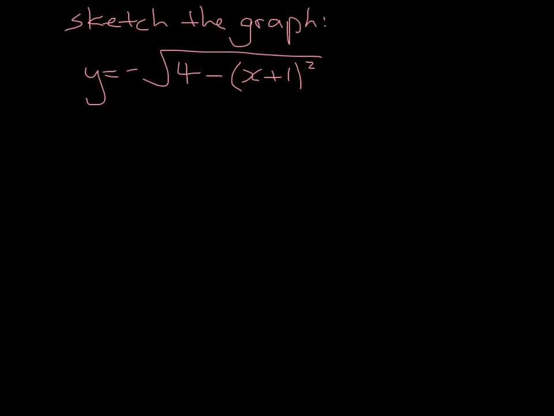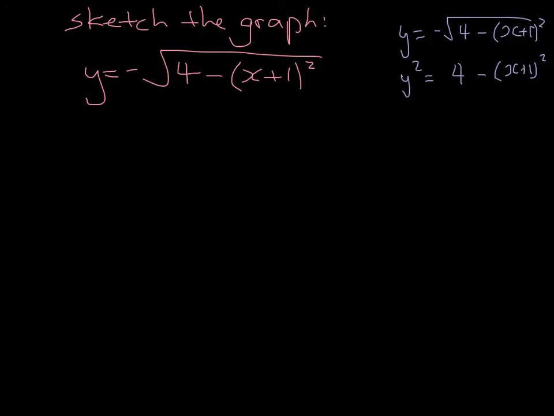And to give you an idea of what this sort of thing is going to be, I will rearrange it and put it into the circle graph form, because you might be able to identify that a bit easier. So we've got y is equal to the negative square root of 4 take away x plus 1 all squared. Square both sides, we get y squared is equal to 4 take away x plus 1 squared.